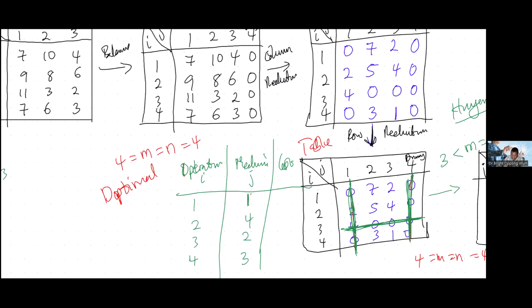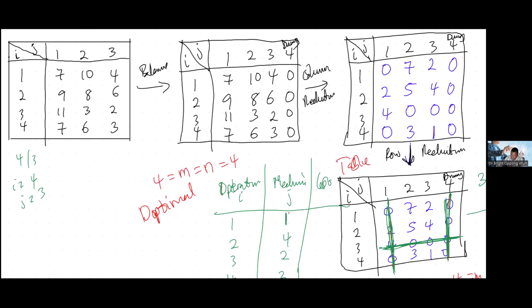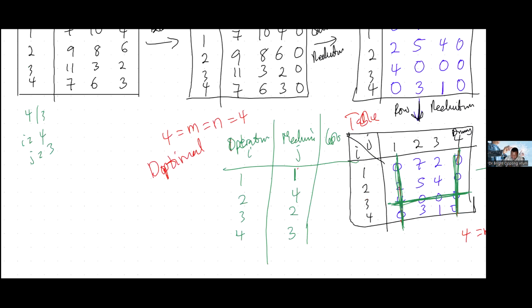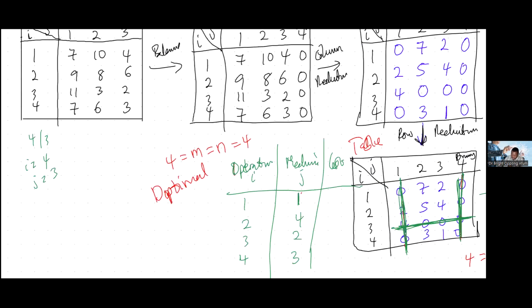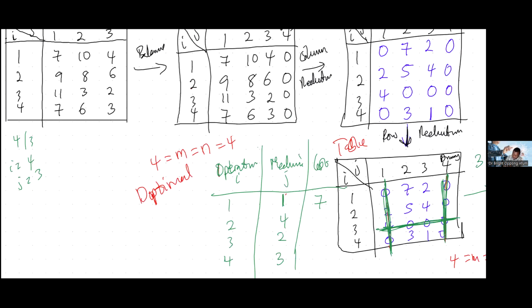So we go back to our original problem and we'll see the associated costs. So 1 to 1 is actually 7, right? 2 to 4 is a dummy, so 0.